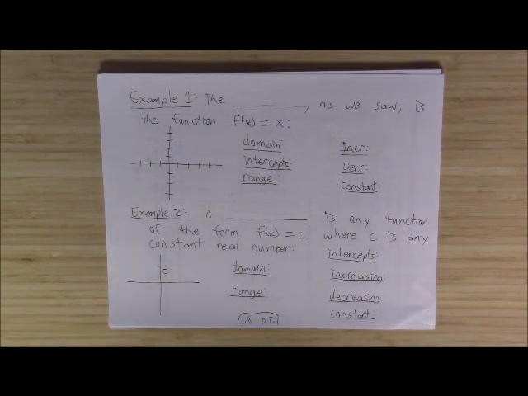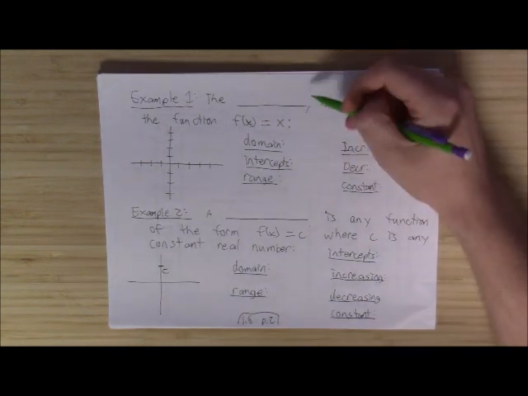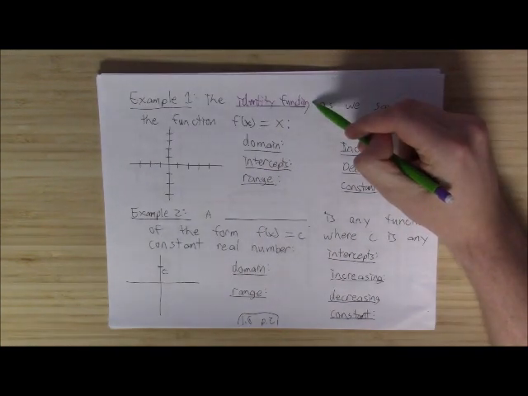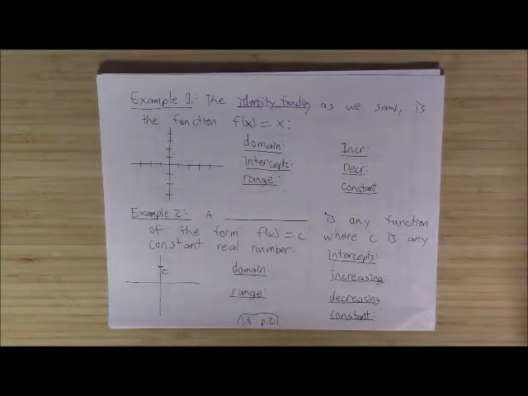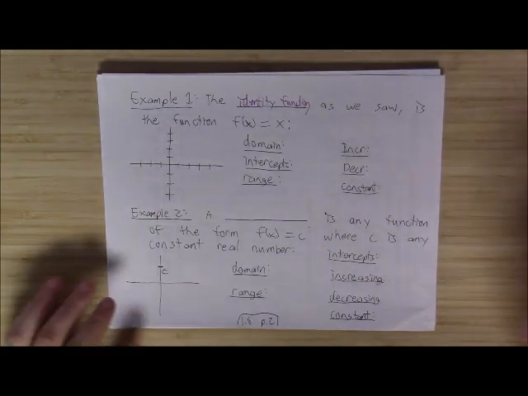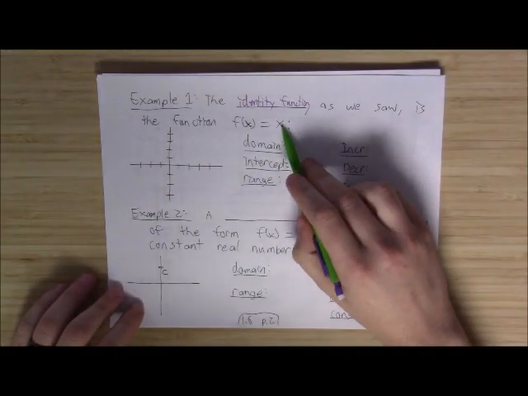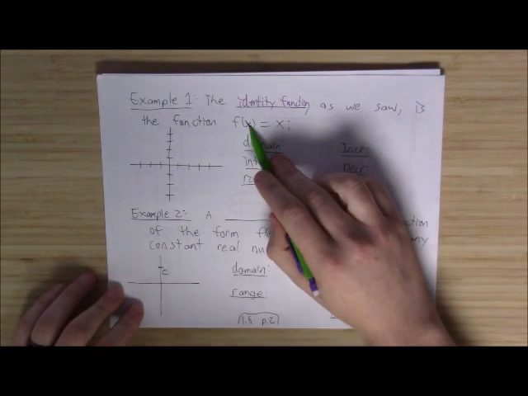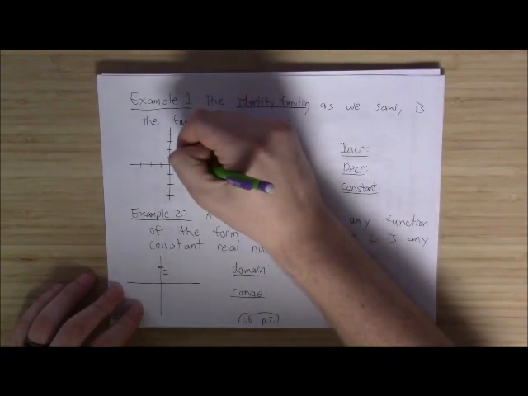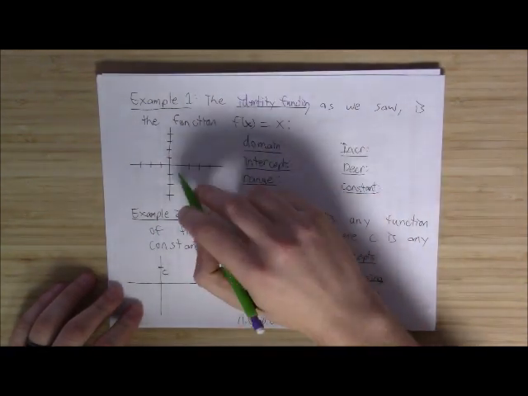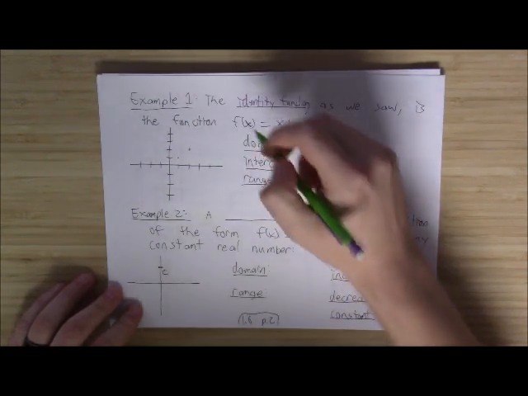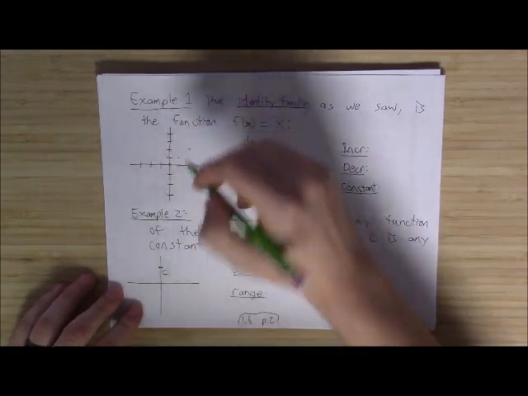So for our first example, the identity function, as we just saw, is the function f of x equals x. Now, what does this function look like? Well, if I pick 1, it gives me back 1. If I pick 2, it gives me back 2. If I plug in 0, it gives me back 0.